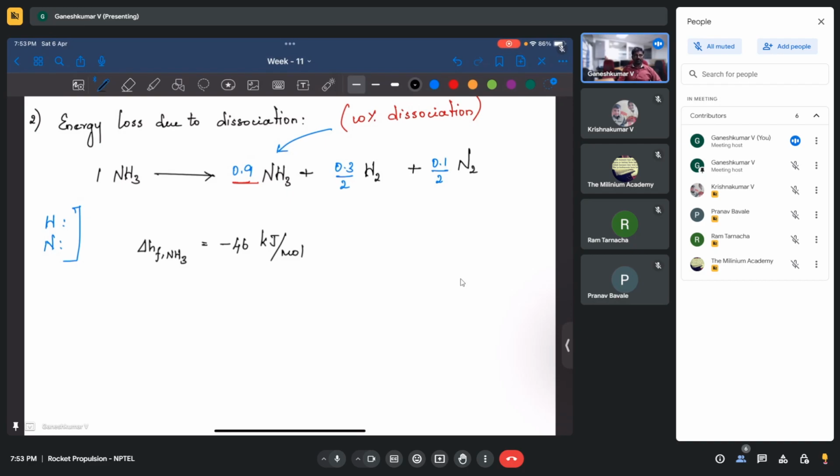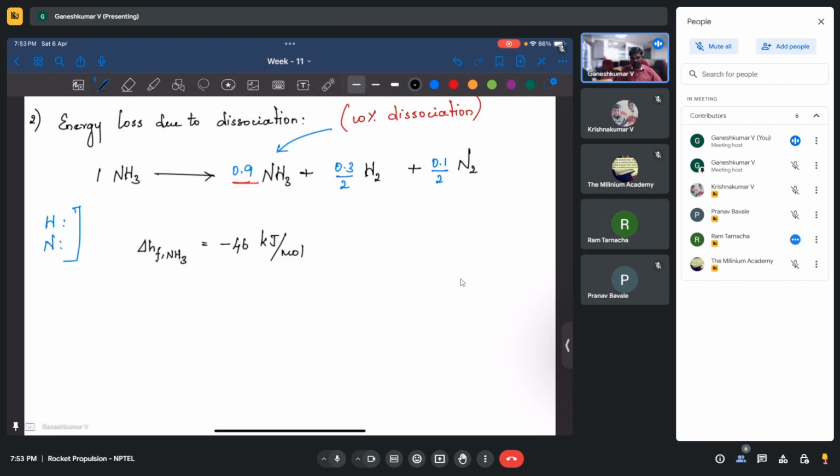So using this, how do we find it? Can we say 0.1 of 46 kilojoules is what is lost due to dissociation, or 4.6 kilojoules per mole? Yeah, that is right.